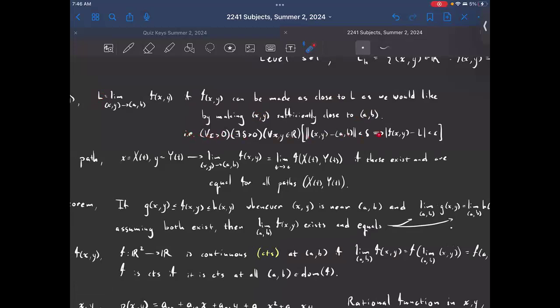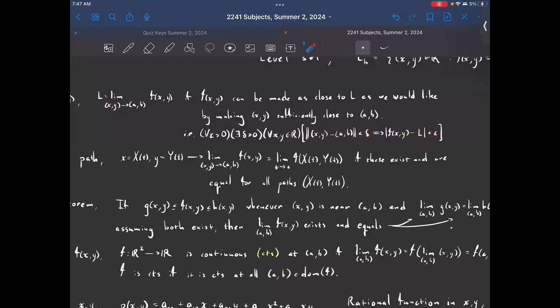And so here's a mathematical restatement of that. It says for all epsilon greater than 0, there is a delta greater than 0, such that for all x and y in the real numbers, whenever, so this is an if-then implication, whenever the norm of (x, y) minus (a, b), think of these as vectors, is less than delta, then the absolute value, the norm in 1 dimension, of f of x, y minus L is less than epsilon.